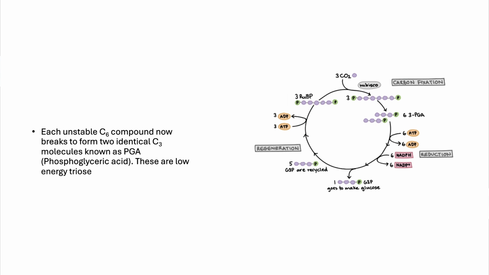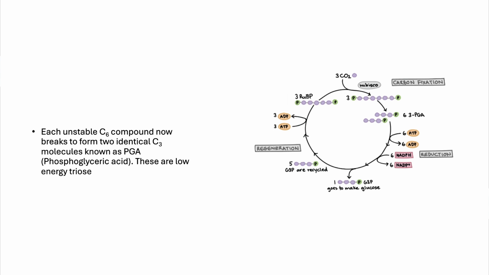It's an enzyme that helps speed up the reaction between the two. So we are left with the C6 compound, but that compound becomes unstable, and like we said, it breaks into two identical C3 molecules, and it's known as PGA, phosphoglyceric acid.